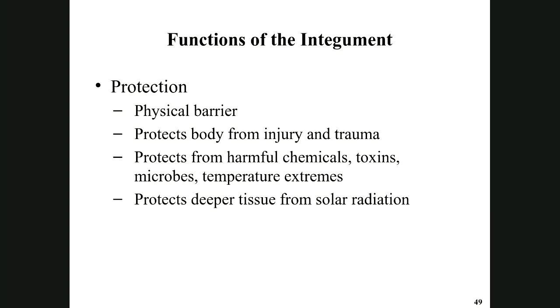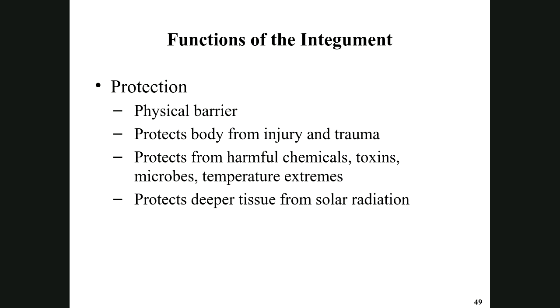Now, I want to talk about the function of the integument. One of the important functions of the integument is protection. The epidermis can act as a physical barrier that protects the entire body from injuries and trauma. It offers protection against harmful chemicals, toxins, microbes, excessive heat, or cold.